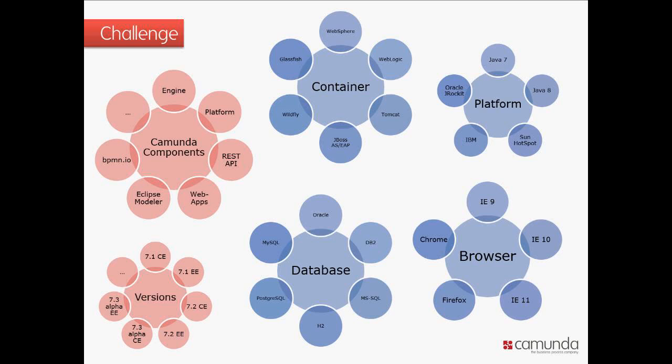And we have all the combinations, and we have support SLAs which are 24/7, and big customers running really mission-critical stuff on the platform. So what we wanted to achieve is that we can basically have every combination possible pretty quickly. And we run, obviously, everything automated with every build. That was actually a big challenge.